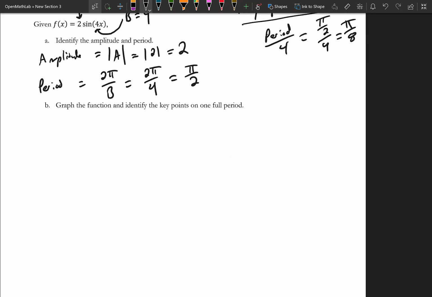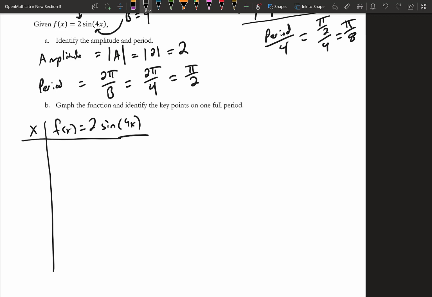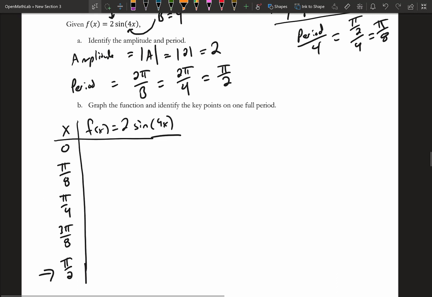So when I come down here and I make my XY t-chart, along the x, I'll start at 0, and what I want to add now is pi over 8, right? So we'd have pi over 8, and then add another pi over 8 would be pi over 4, and then another pi over 8 would be 3 pi over 8, and then lastly pi over 2, right? So notice what I'm ending at is what one full period would be, right?